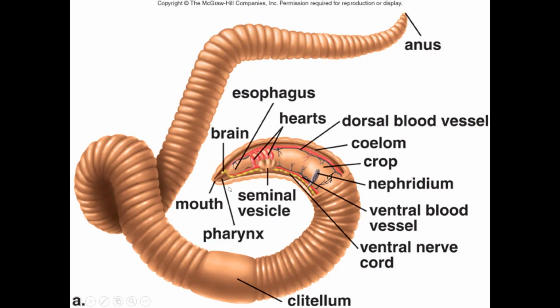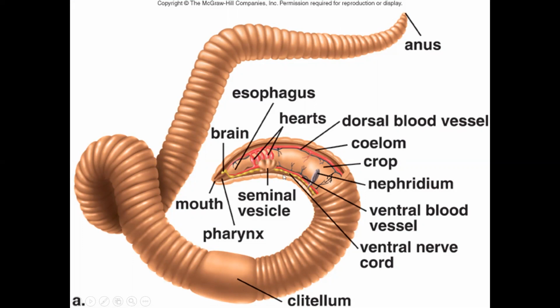We've got a mouth. We've got a pharynx even. The seminal vesicle, and the dorsal blood vessel and the ventral nerve cord. So, okay, dorsal means back and ventral means stomach. So what we have here is the nerve cord actually running along the stomach instead of along the back like we do in chordates.